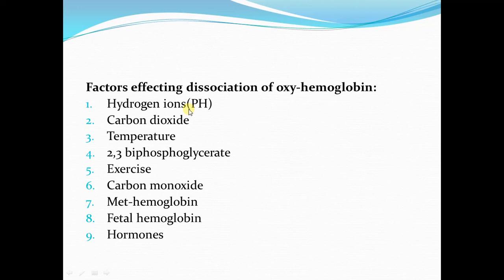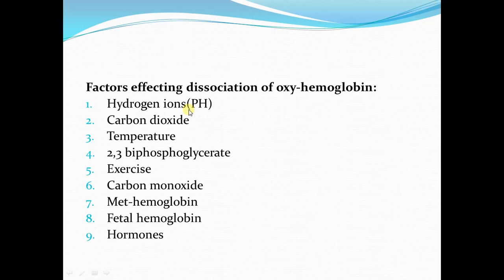If there is an increase in hydrogen ion concentration, which means acidosis or a fall in pH, the curve is shifted to the right side.